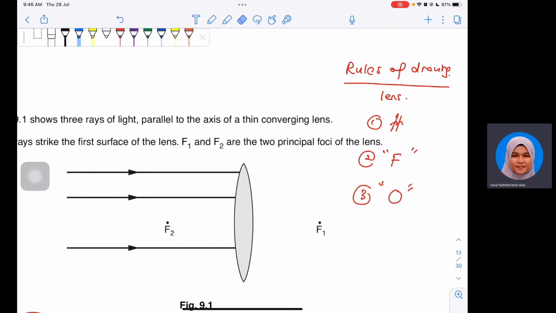Siapa yang dapat 2 markah? Ada 2 benda yang salah. Satu seorang je. Oats, cereal oats. Siapa dapat 2 markah tadi boleh claim dulu.